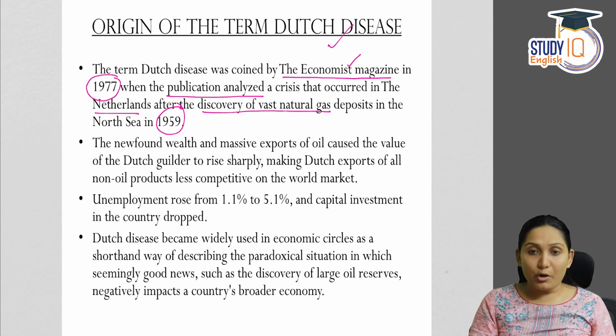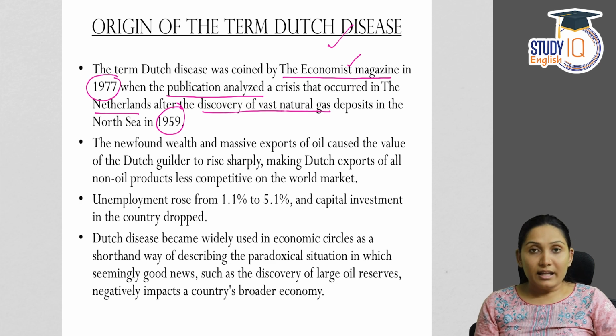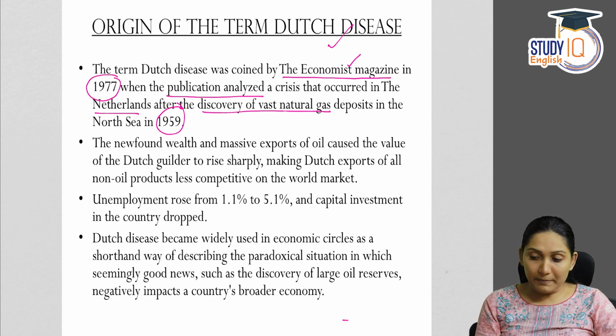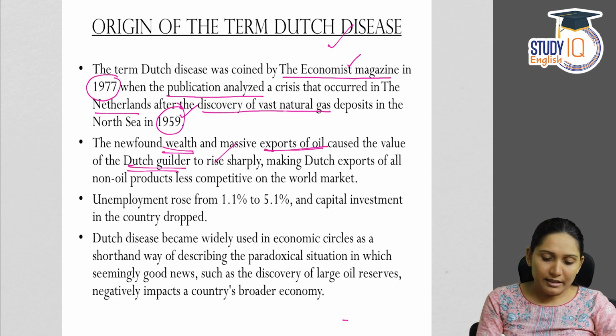The newfound wealth, that is the natural gas resources, and massive exports of oil caused the value of the Dutch guilder to rise sharply. That is, it led to appreciation of the Dutch currency.